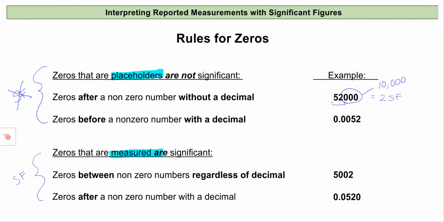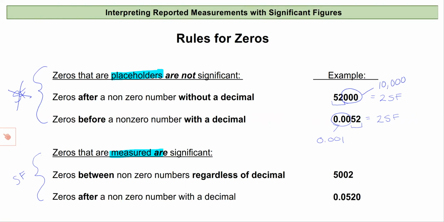This number right here has some placeholder zeros as well. These are zeros that come before the non-zero number, even if there's a decimal place. And so here, these are just telling us that this is on the order of 0.01, or the thousandths place. And again, this number also has 2 significant figures. It's just our 2 non-zero numbers.